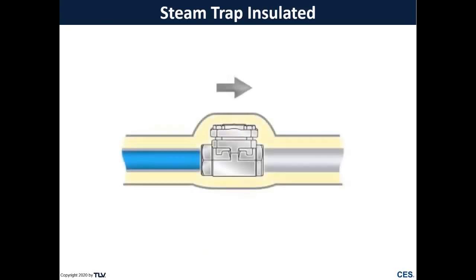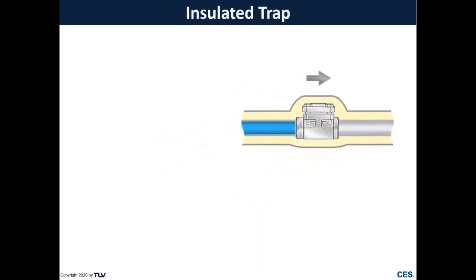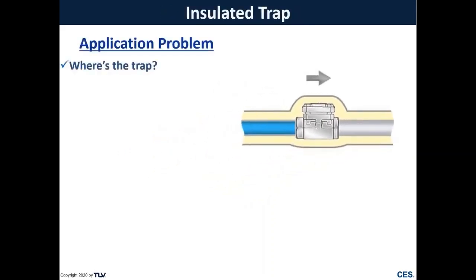Next problem we're going to look at is where our steam trap is insulated. You might look at that and say, well, what's wrong with this? Well, there's a few problems. One, sometimes it can be very difficult to find the trap. It's often hidden under insulation and no one knows that it's there, which makes it very difficult to inspect.